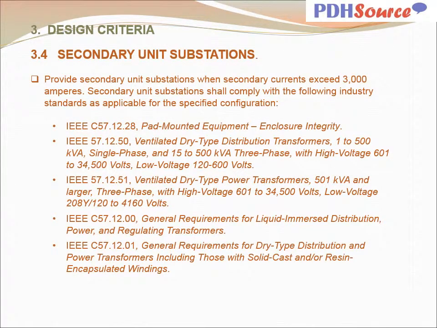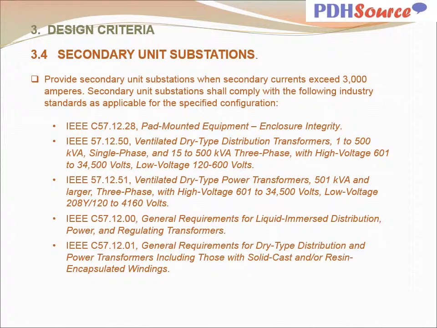Secondary unit substations: provide secondary unit substations when secondary currents exceed 3,000 amps. Secondary unit substations shall comply with the following industry standards as applicable for the specified configuration. IEEE C57.12.28 pad-mounted equipment enclosure integrity, IEEE C57.12.50 ventilated dry type distribution transformers 1 to 500 kVA single phase and 15 to 500 kVA 3-phase with high voltage 601 to 34,500 volts, low voltage 120 to 600 volts.